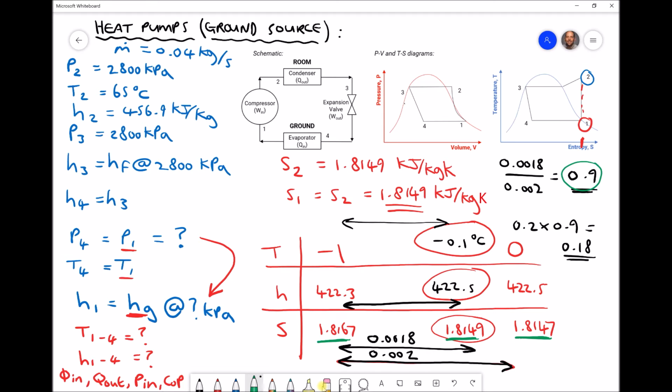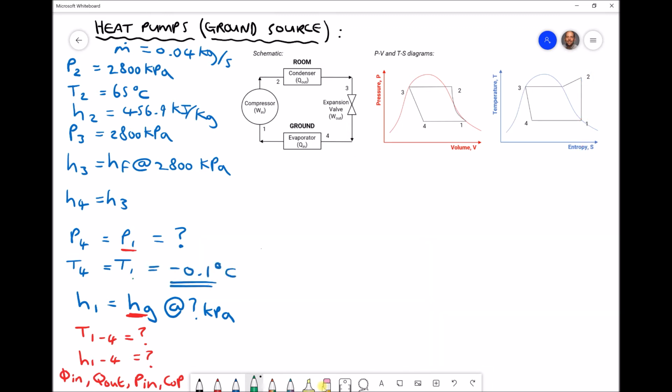Once we knew that, we were able to determine the temperature and the enthalpy at the given entropy value. We're going to be doing this process again throughout this video, so you'll have an opportunity to see this again. But let's make note of our useful information. The new information in this instance is our temperature at position 1 and our enthalpy at position 1, T1 and H1.